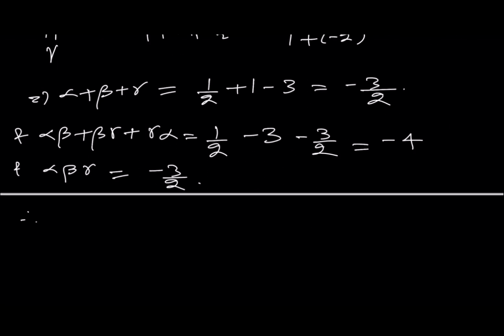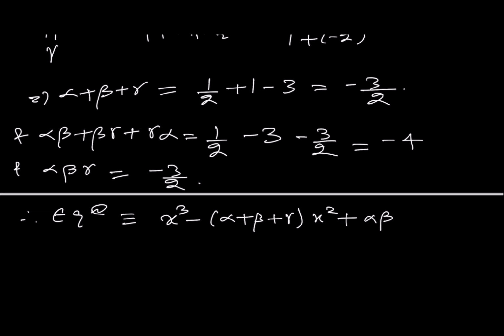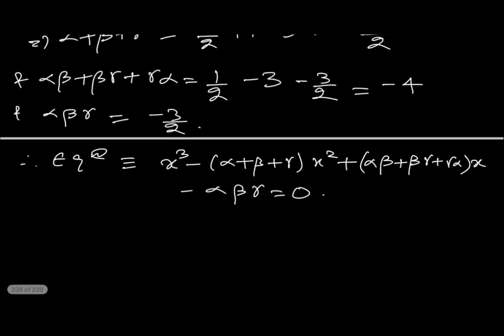So therefore the equation becomes x cube minus (alpha plus beta plus gamma) x square plus (alpha beta plus beta gamma plus gamma alpha) x minus alpha beta gamma is equal to 0, right?